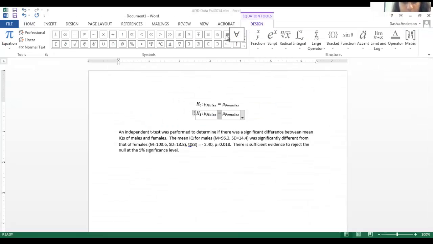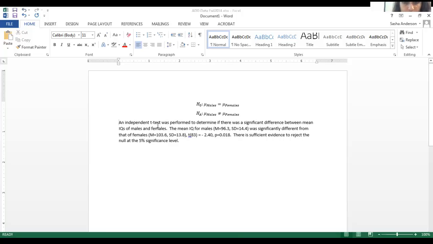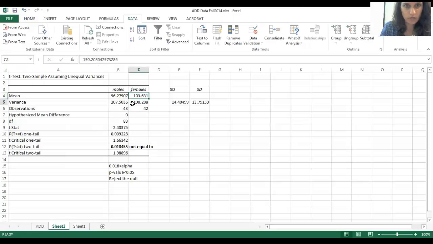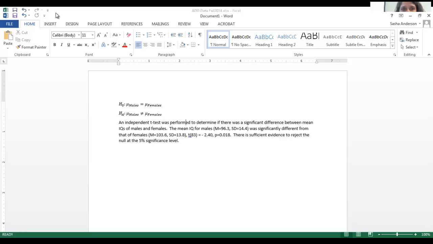Was significantly different from that of females. I'm going to again write the females. So the females was 103.6, and the standard deviation was the square root of 190, which is 13.8. All right, the mean IQ for males, mean and standard deviation, was significantly different from that of females.